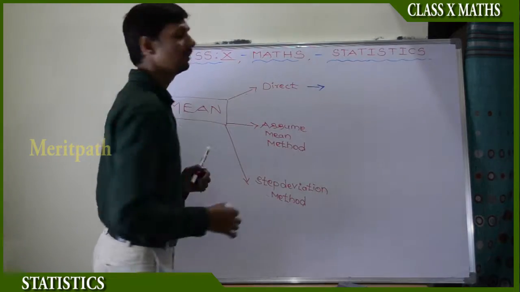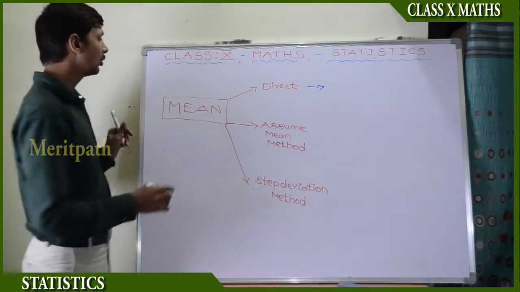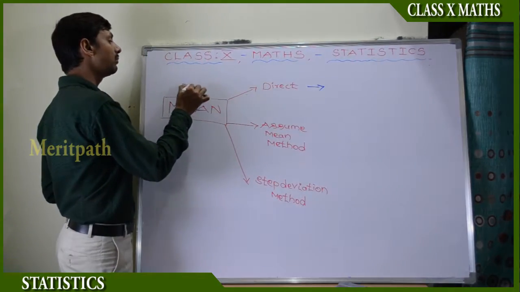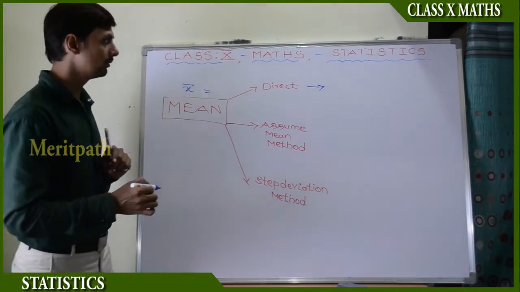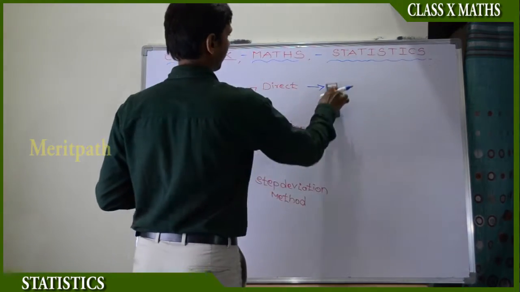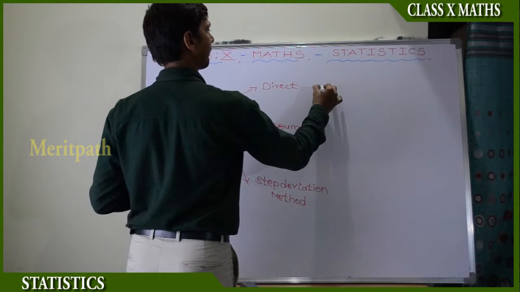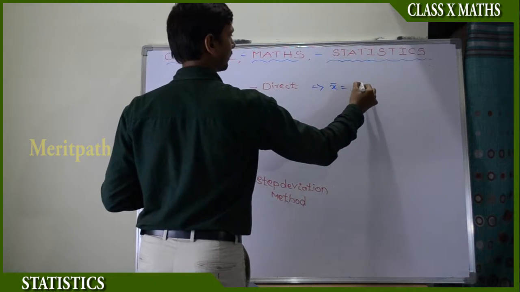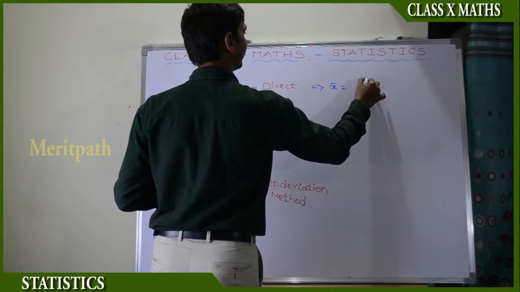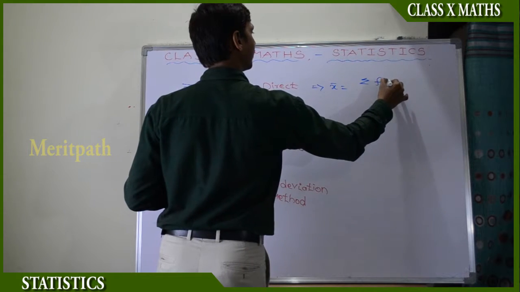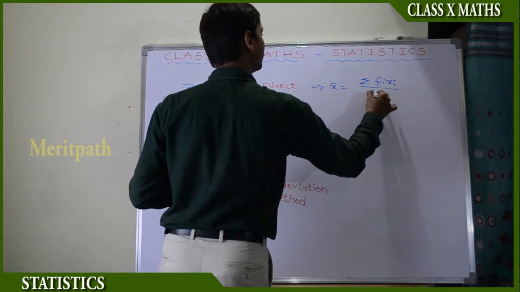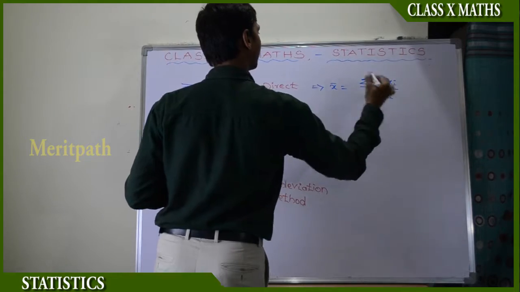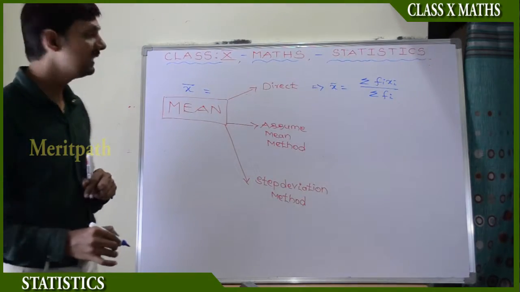Direct method: we know that mean is represented by x bar. X bar is equal to sigma fi xi divided by sigma fi. This is the direct method mean.